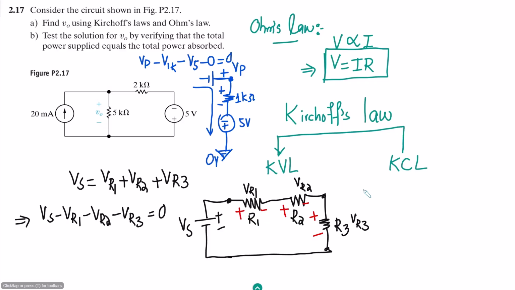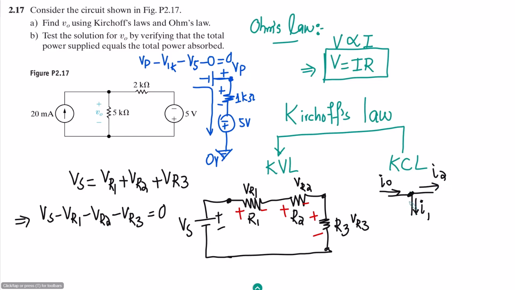Also, if you want to interpret what KCL is, KCL says that at a node, if this is a node and the current is moving towards it, let me call it I naught, it will be equal to the currents which are going away from this node. So this is I1 and this is I2.